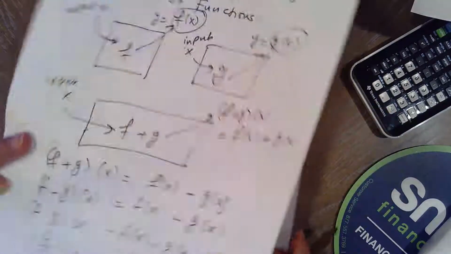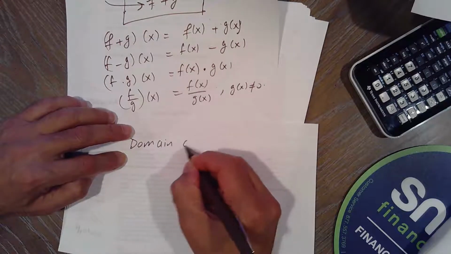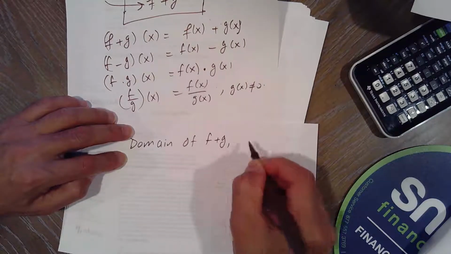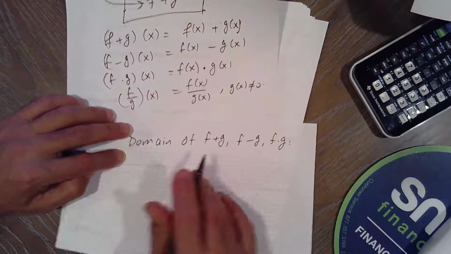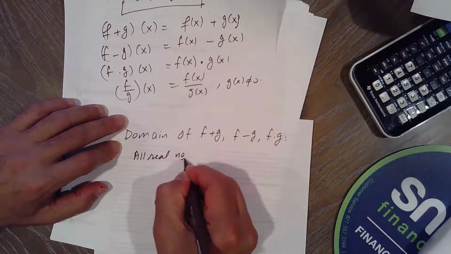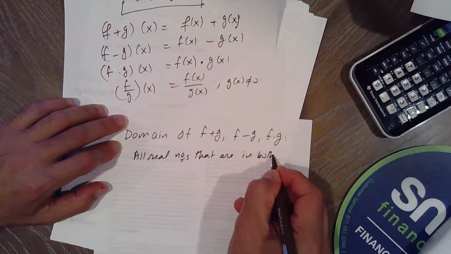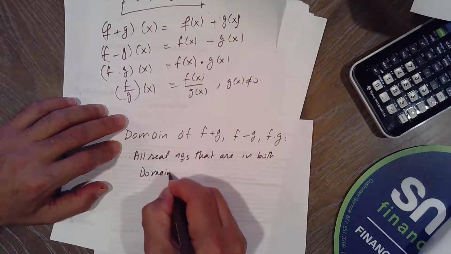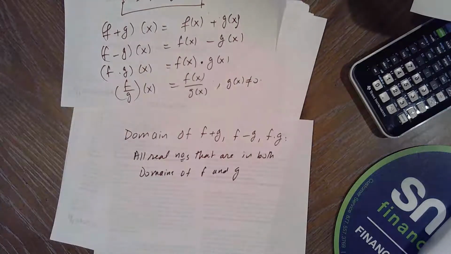So the domain of f plus g, f minus g, f times g is all real numbers that are in both domains of f and g. Whatever is acceptable by f and also acceptable by g will be acceptable by f plus g, f minus g, f times g.